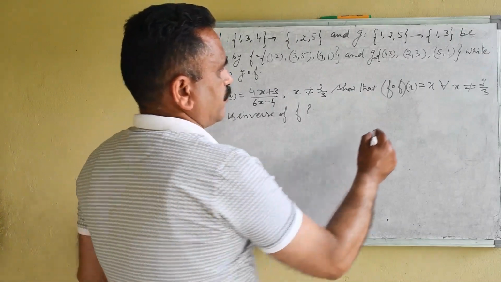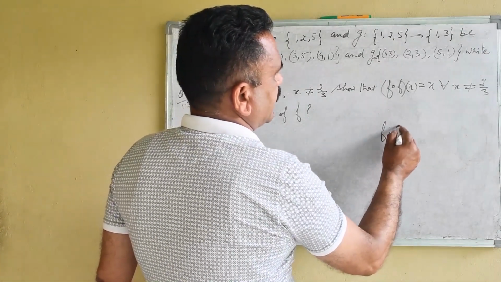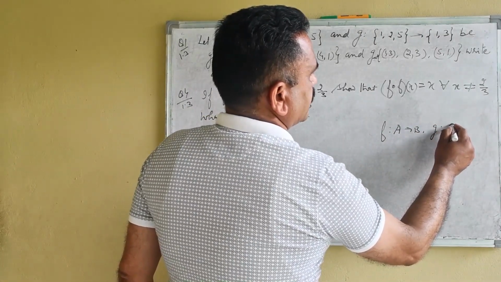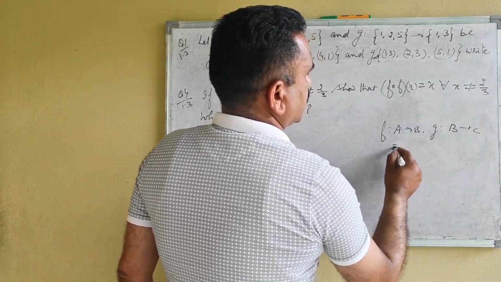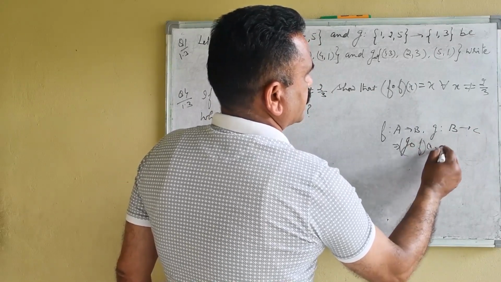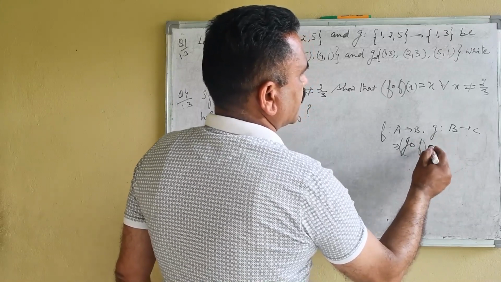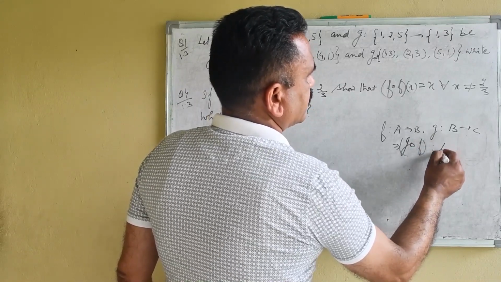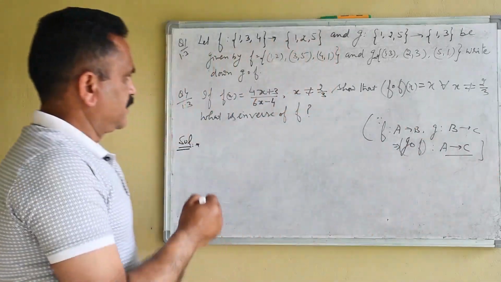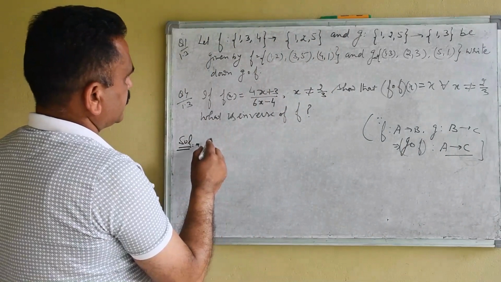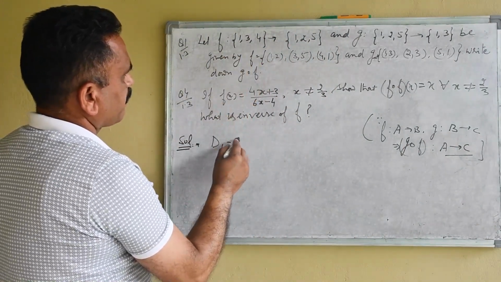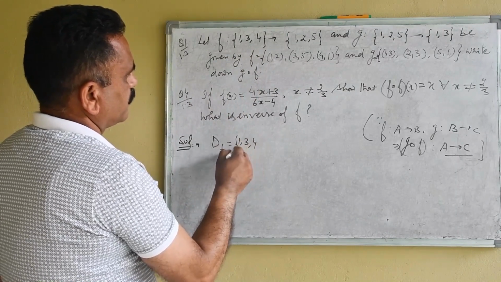We have seen it because if f: a to b, g: b to c, this implies g of f(x), or simply we can say g of f: a to c. Now, what is the domain of the first function? D of f is {1, 3, 4}.